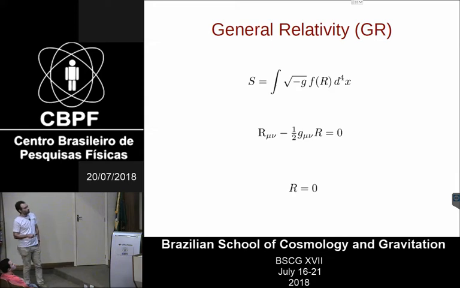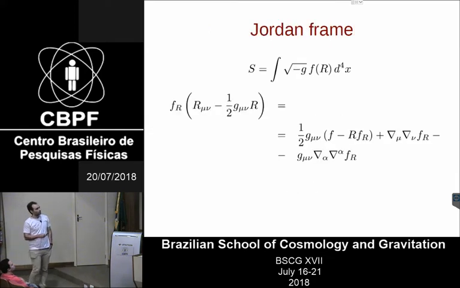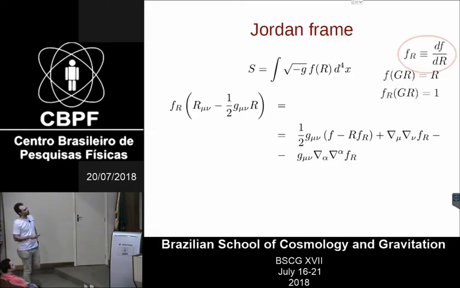So in F of R, we actually write a general function over here, an F of R, obviously, and then the equation gets a little bit more complicated than the previous one. And let me just remind you that F sub R is the first derivative. In GR, it's plain R, so this is 1. So, of course, we recover the previous case, right?